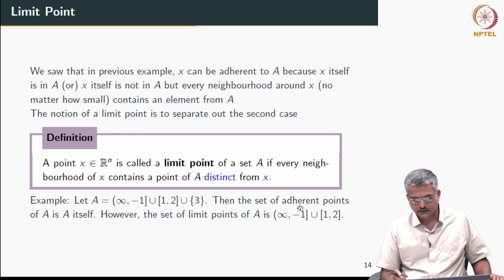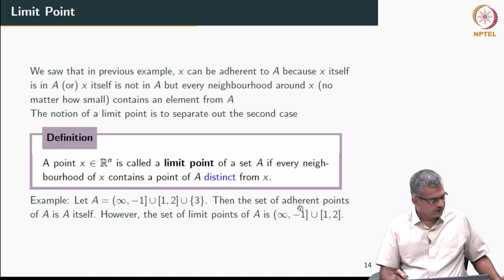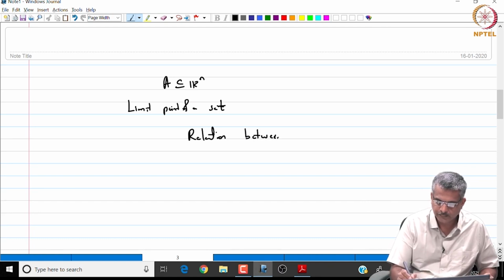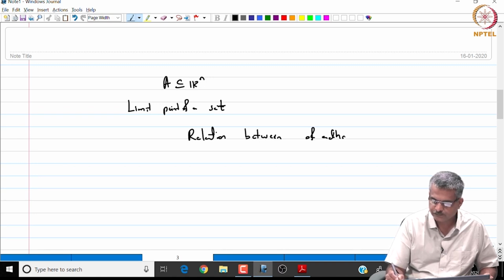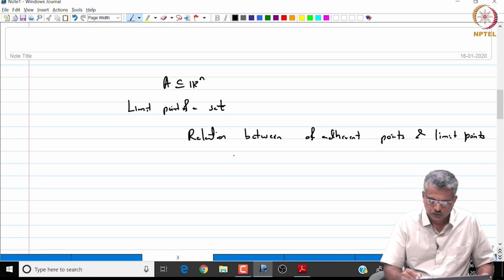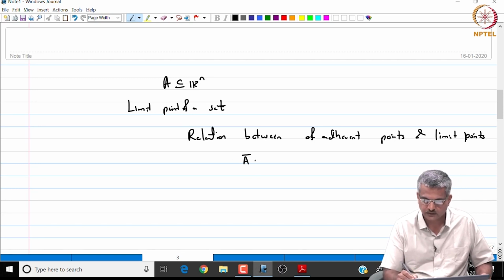Again, one can characterize the closed set as follows: a set A is said to be closed if it contains all its limit points. So, what is the relation between the set of adherent points and limit points? Sometimes limit points are also called accumulation points. The relation is that A closure, this is the closed set, is nothing but A union the set of limit points.